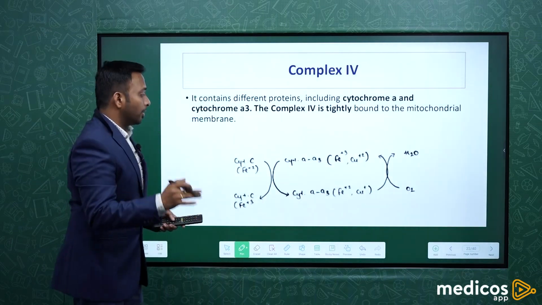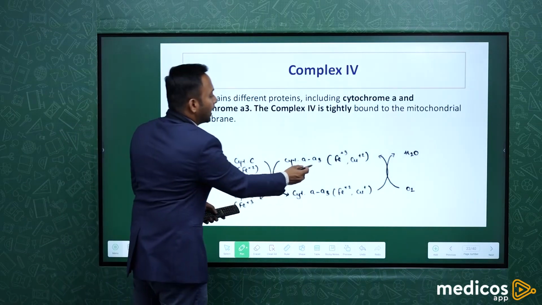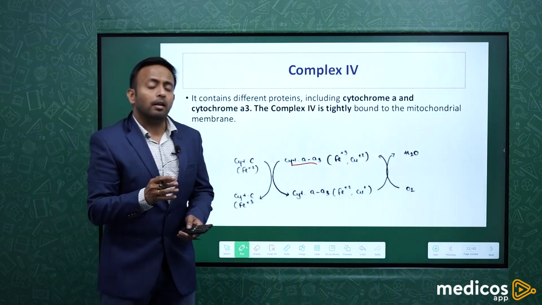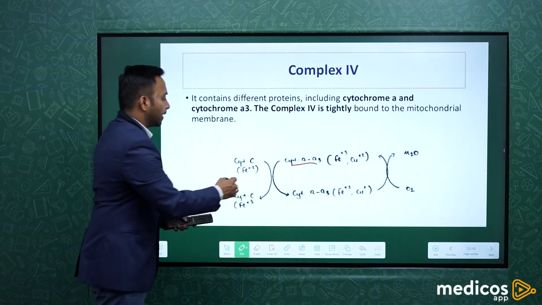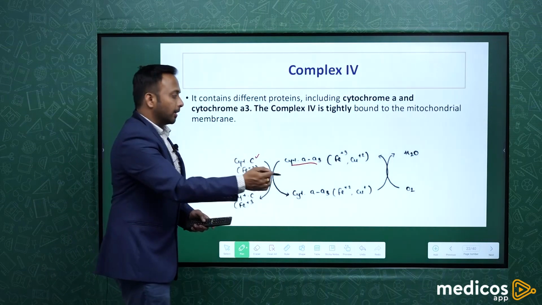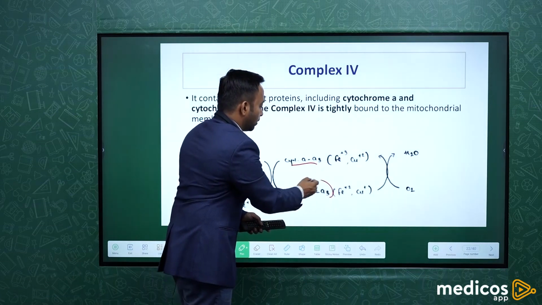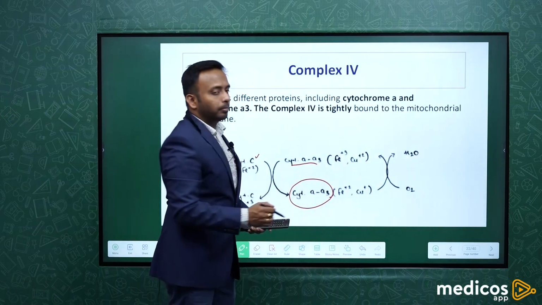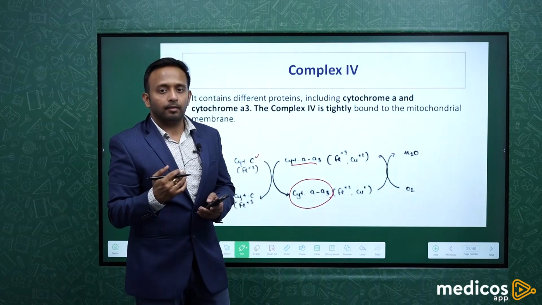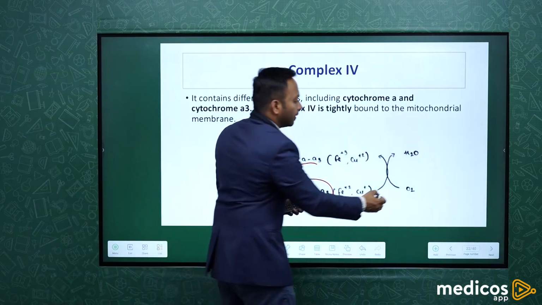Complex 4 contains cytochrome A and A3. It is tightly bound to the inner mitochondrial membrane. Again the reduced compound donates the electron to convert cytochrome A3 into a reduced form, and finally there should be someone who can accept this, which is done by oxygen.